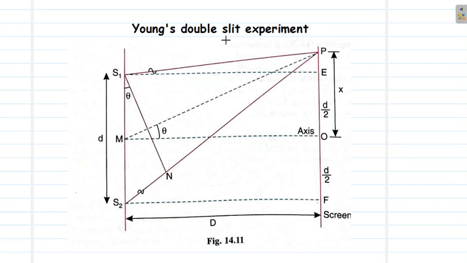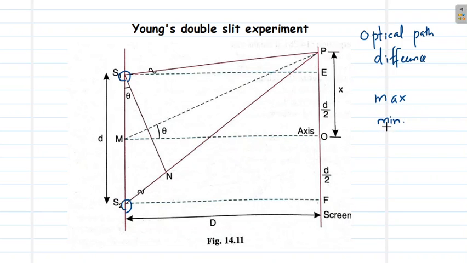In today's class we will obtain an expression for the optical path difference of the rays coming from the two sources in a Young's double slit experiment, and we will also formulate equations for the conditions for brightness and darkness, that is, conditions for maxima and minima in the case of a Young's double slit experiment. From that we will try to find the equation for fringe width.